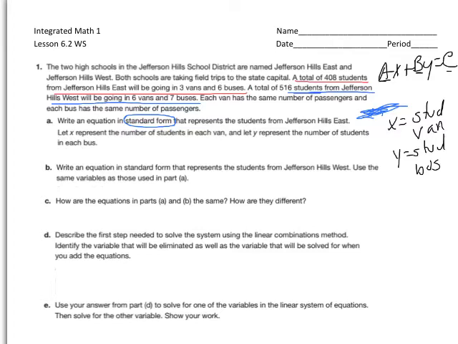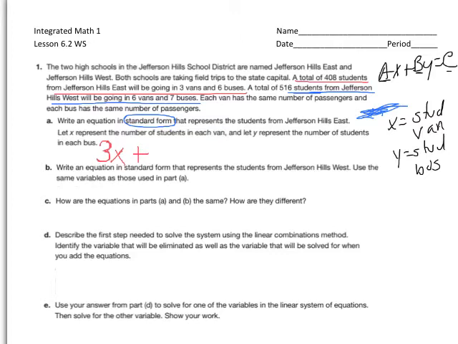If we added up all of the students that fit in each van, but there are 3 vans, it'd be 3 times however many can fit in a van, because there's 3 vans.